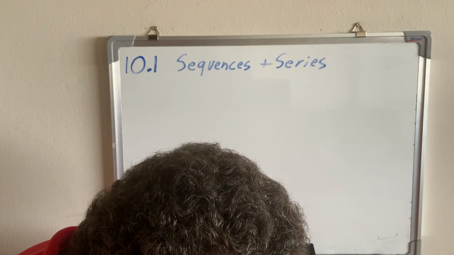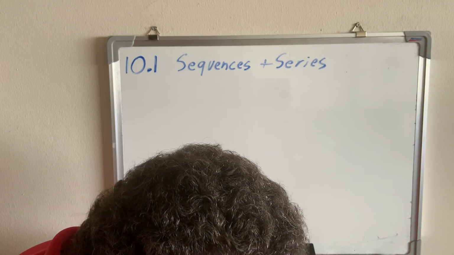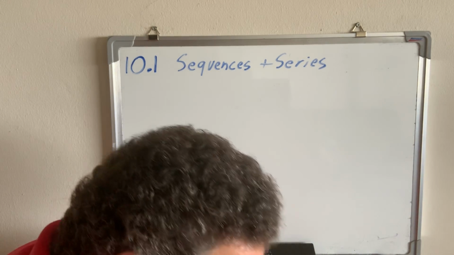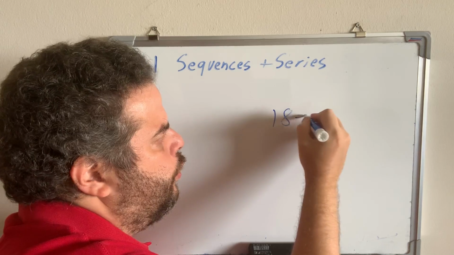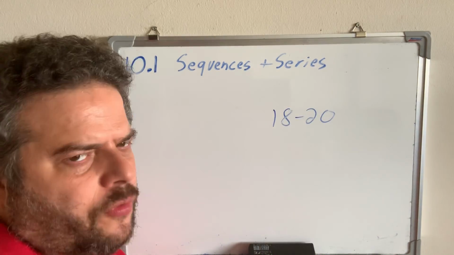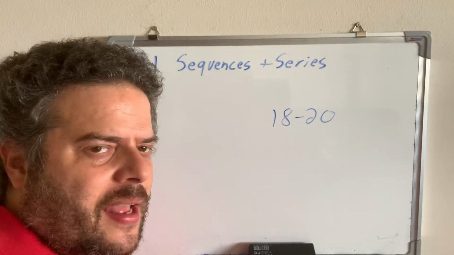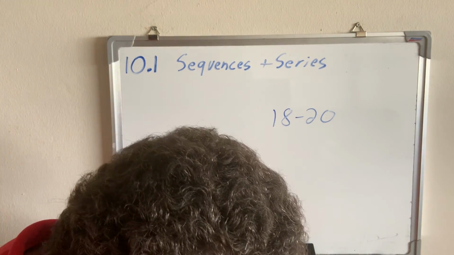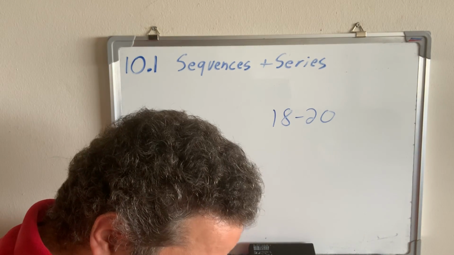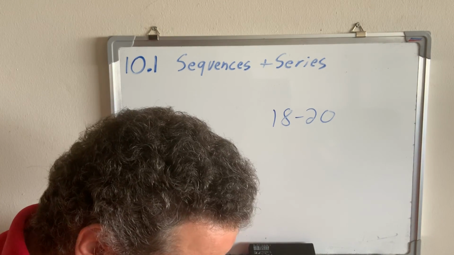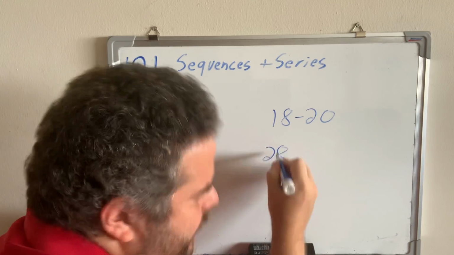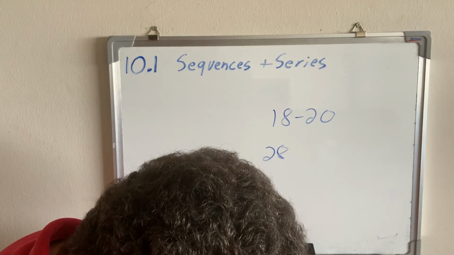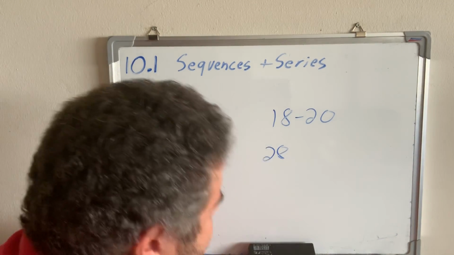Now for homework, please do 18 through 20, which is just plugging those formulas into your calculator and stating convergence or divergence. Pretty straightforward. Example 5, I want you to do 28 and 29.